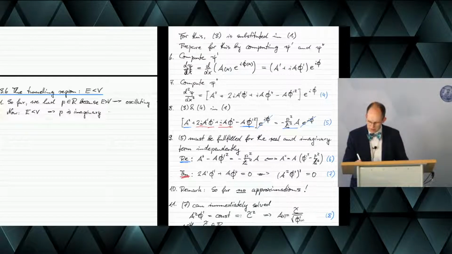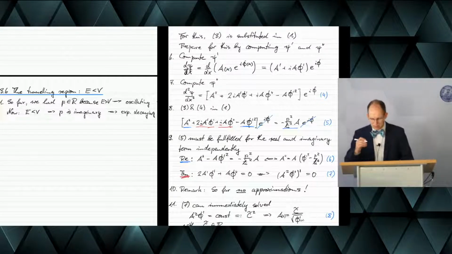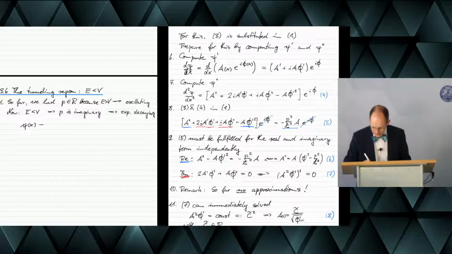Right? And what we expect is an exponentially decaying psi. Yeah? Well, let's just write it down. And if we write it down, then we might think about what I just have written once again.